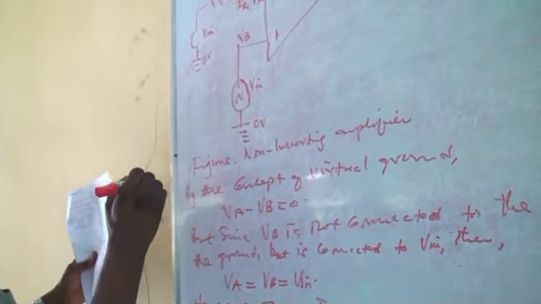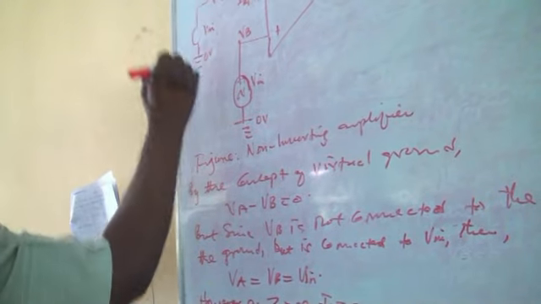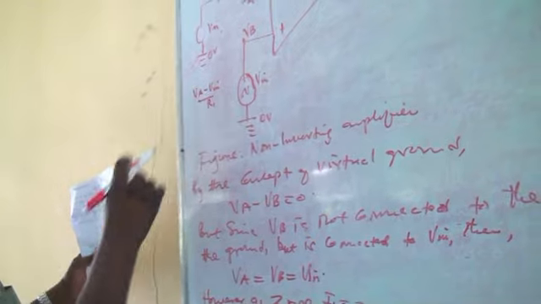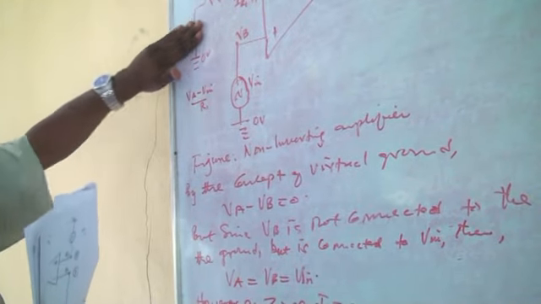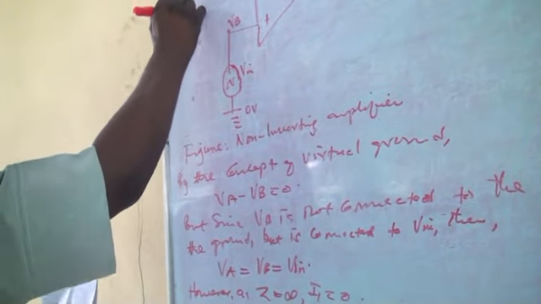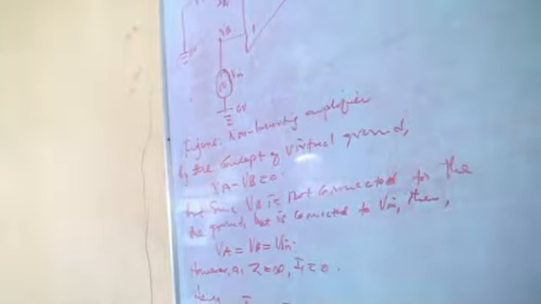Are you getting me? Yes. Maybe this would have been V1 and V2. The equation here would have been VA minus V in all over R1. But since nothing is connected here, it will be VA minus 0, because there's no supply connected at that point.